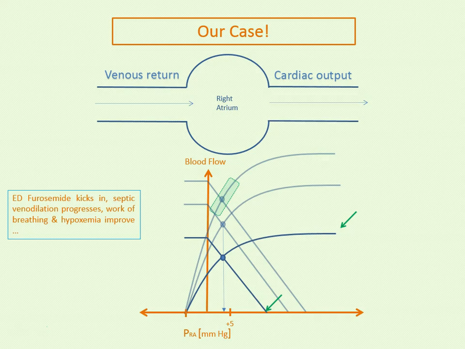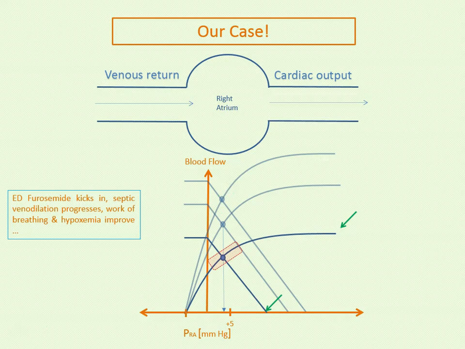In fact, in a meta-analysis in Critical Care Medicine in 2016, 40% of patients with a CVP of less than 8 millimeters of mercury were fluid non-responsive. Similarly, in a paper in 2007 by Magder, 25 to 30% of patients with a CVP of less than 5 were fluid non-responsive. So this sort of physiology does occur in critically ill patients.